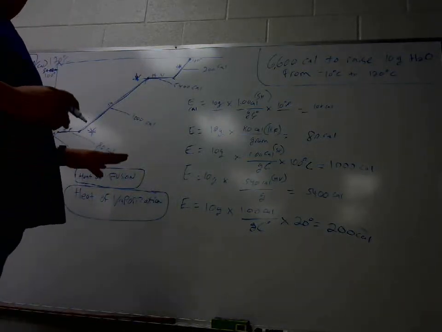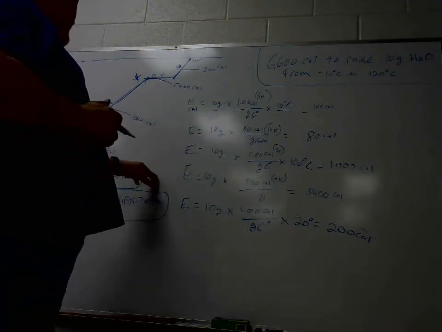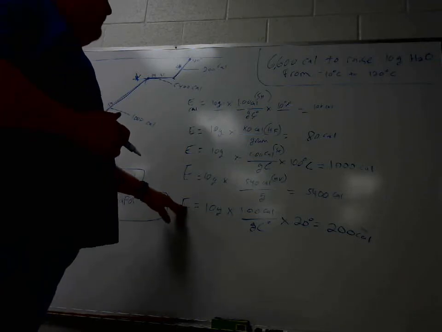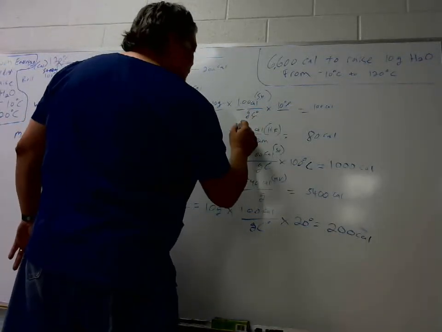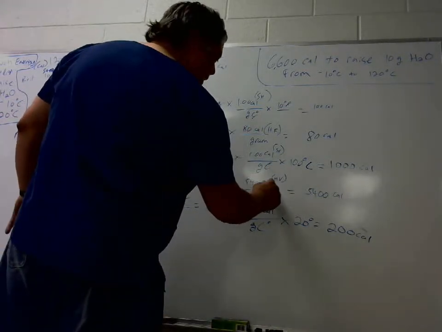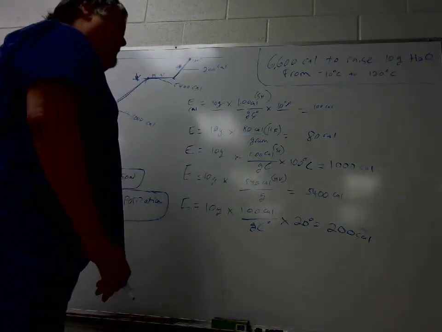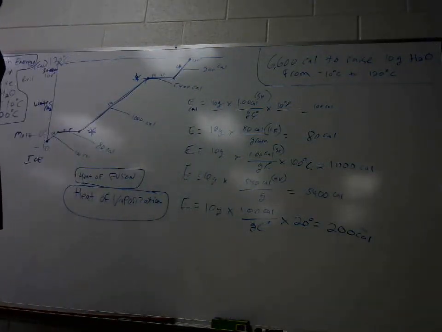Now just remember, every substance will have its own heat of fusion value and heat of vaporization value. I know the heat of fusion of water as being 80 calories and the heat of vaporization of water as being 540 calories. I only know those because I've got the book sitting open right here next to me.